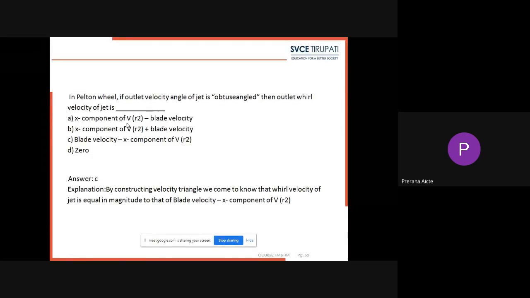Next question. In a Pelton wheel, if the outlet velocity angle of the jet is an obtuse angle, then the outlet whirl velocity is the blade velocity plus the x component of VR2. By constructing the velocity triangle, we come to know that the whirl velocity of the jet is equal in magnitude to the blade velocity plus the x component of VR2.